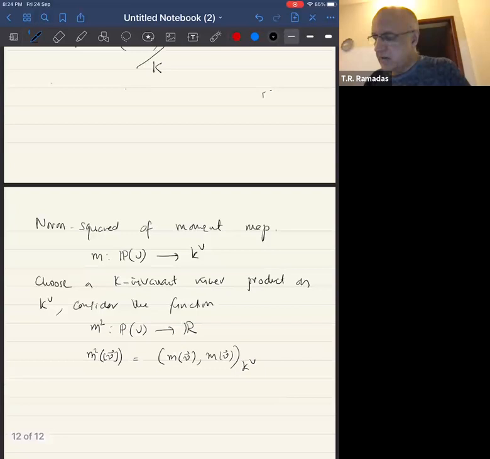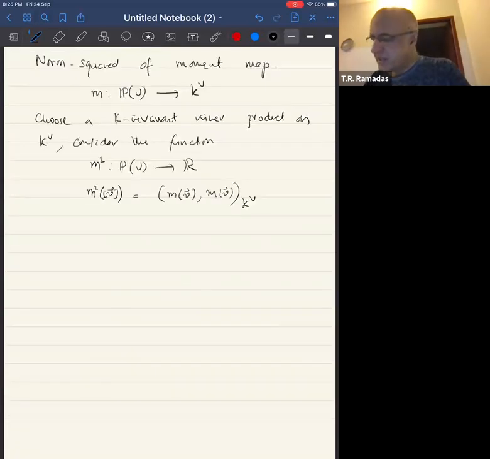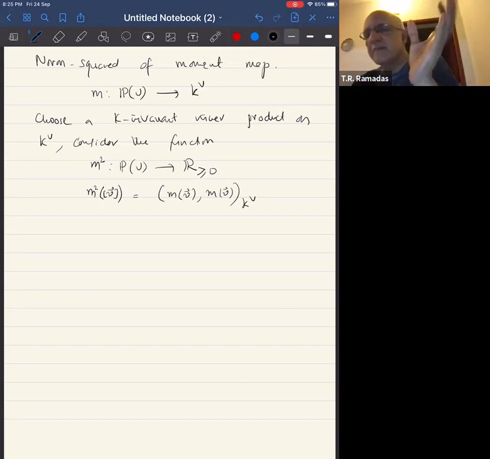Now this is a function with values in R greater than or equal to 0, because I've chosen an inner product. You take the value of M at a point and take the inner product of the resulting vector with itself, so the number you get is greater than or equal to 0.